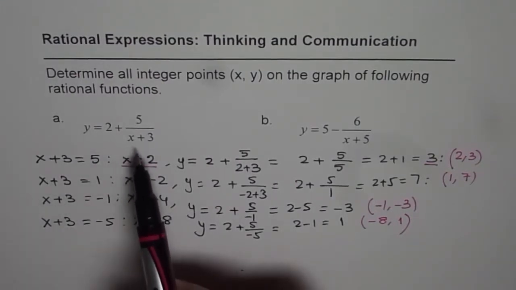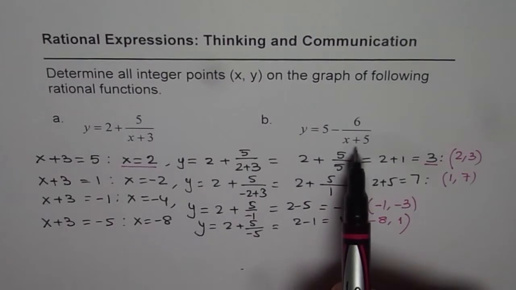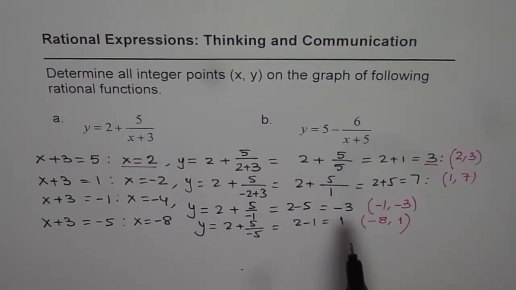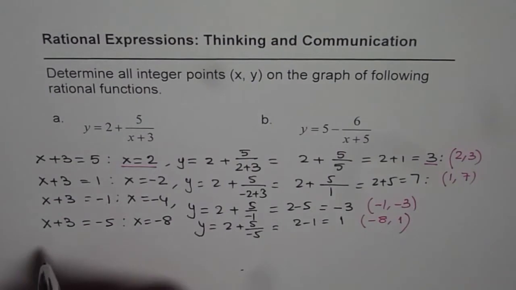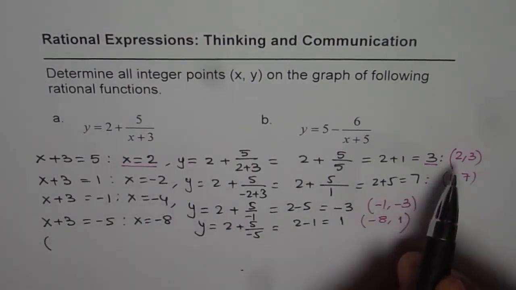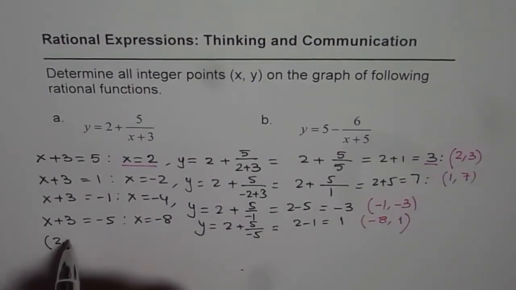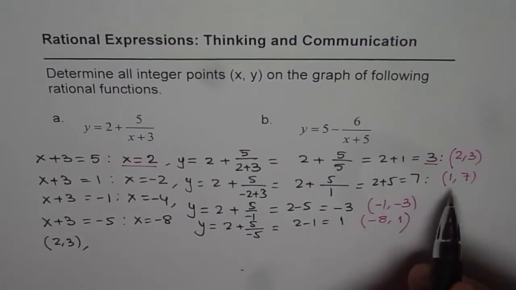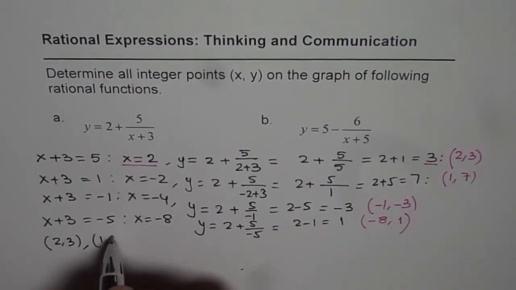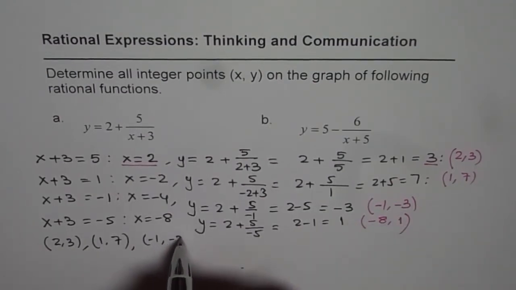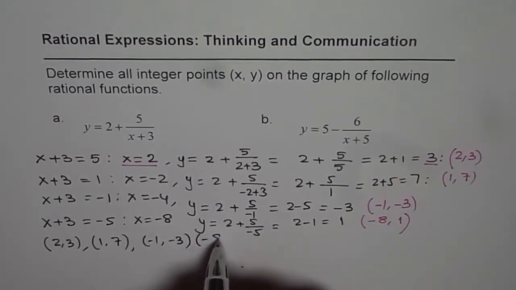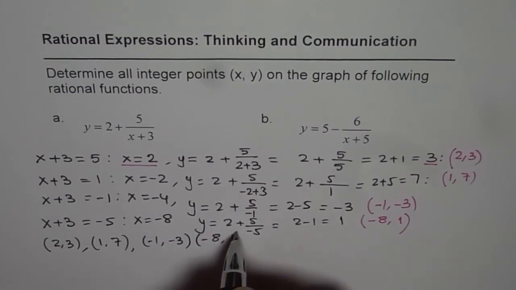Now you have to adopt the same strategy and solve for part B. So the integer points on the graph for part A are these: for x equals 2, y is 3; for x equals minus 2, y is 7; for x equals minus 4, y is minus 3; for x equals minus 8, y is 1.